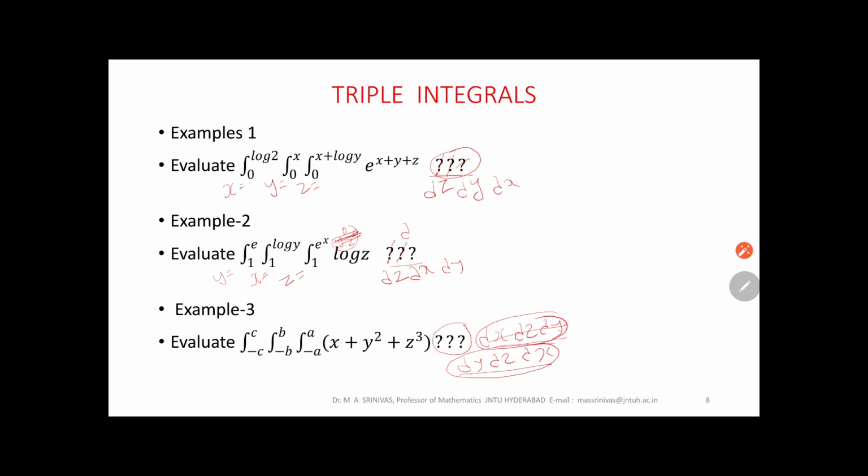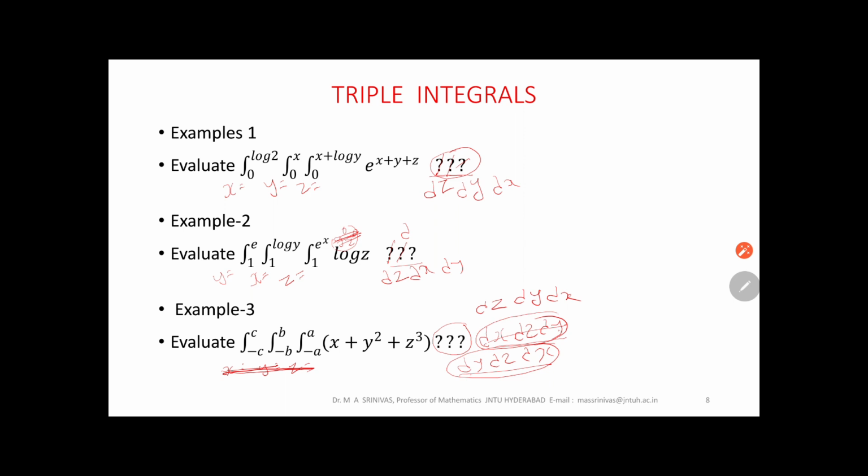Suppose somebody writes z is equal to, y is equal to, and x is equal to, automatically we can understand that first we need to integrate with respect to z, after that y, after that x. If this is not given, we need to follow the given order. Without that information, we cannot evaluate.